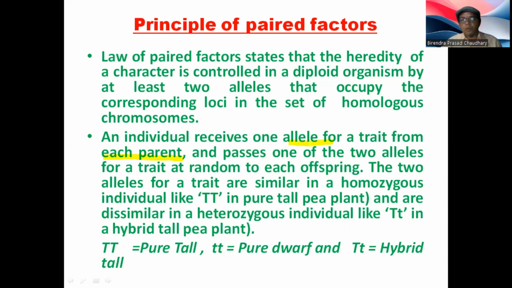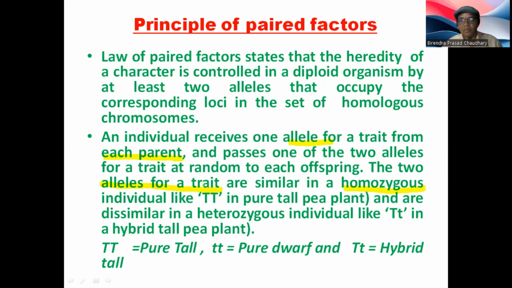Each individual receives two alleles, one from each parent, and to the offspring of the next generation, the two alleles can go randomly, and only one allele goes to one offspring. The two alleles for a trait are similar in a homozygous individual. When the diploid organism is homozygous, both alleles are similar for a trait.